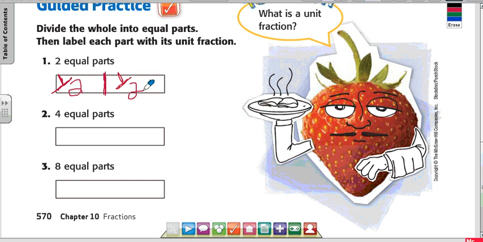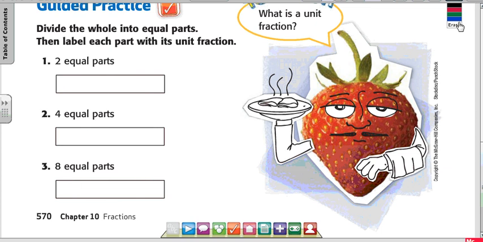Number 2 says 4 equal parts. 1, 2, 3, 4. And then remember, it's 1, and then the number of parts that I have. 4. So 1/4, 1/4, 1/4, and 1/4. Number 3, how many sections am I going to make? 8. 1, 2, 3, 4, 5, 6, 7, 8.